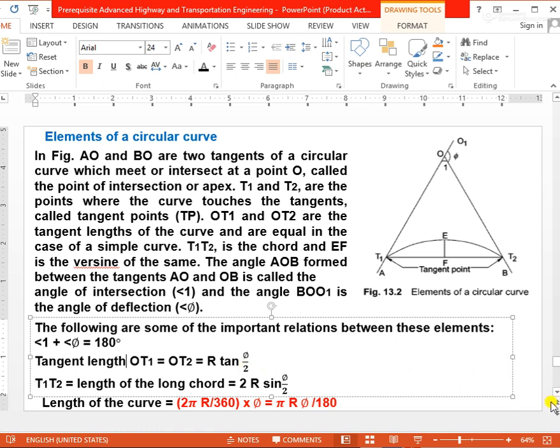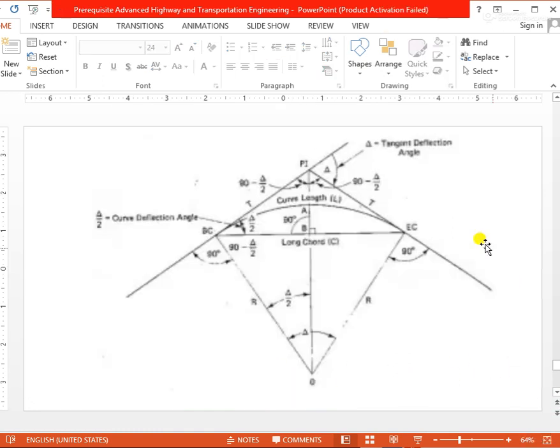We can get this value from this figure, and we can prove that OT1 equals OT2 equals R tan phi by 2.